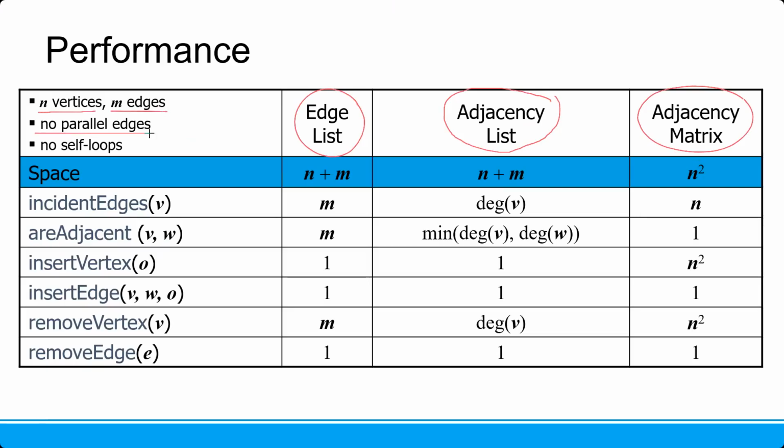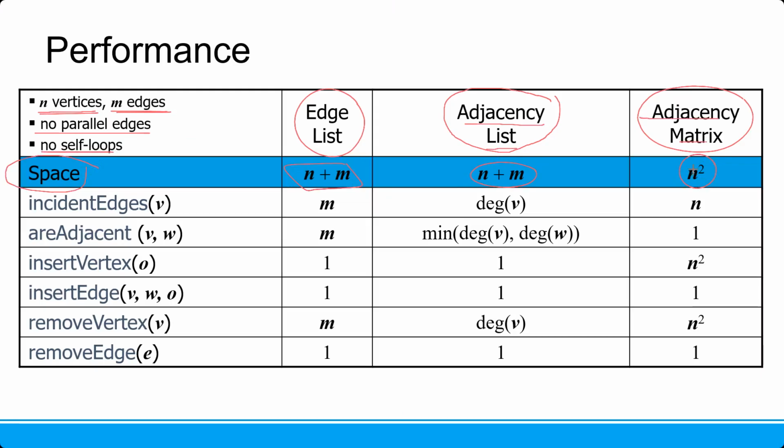We assume there are no parallel edges and no self loops. In space, we need n plus m for the edge list. N means the number of vertices, m is the number of edges. For the adjacency list, we need the space n plus m. But for the adjacency matrix, we need n to the power of 2.